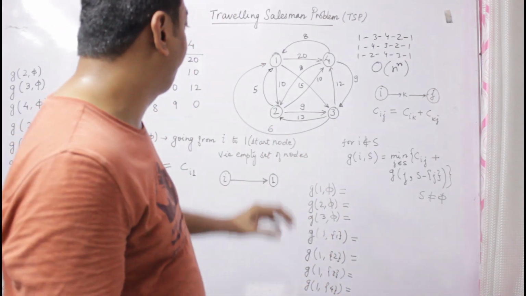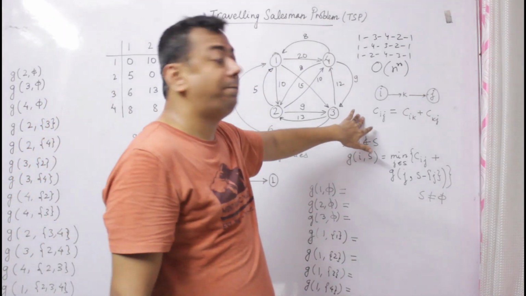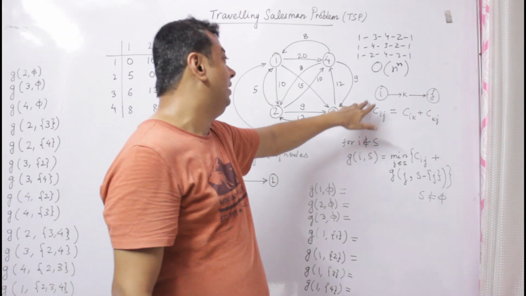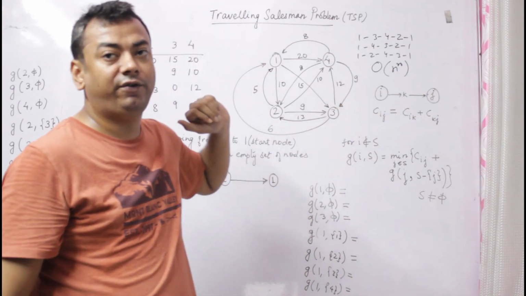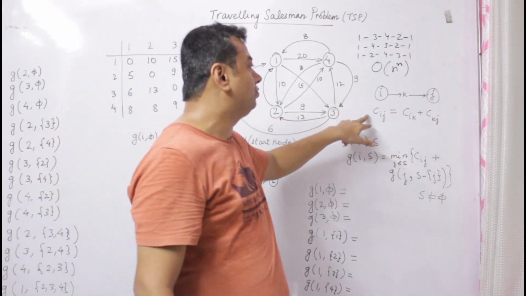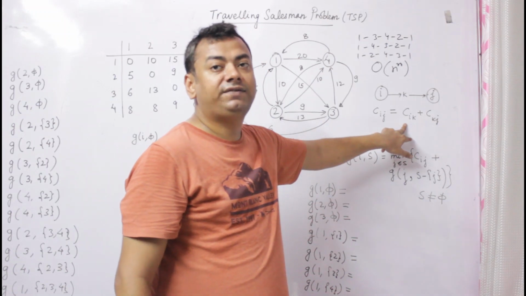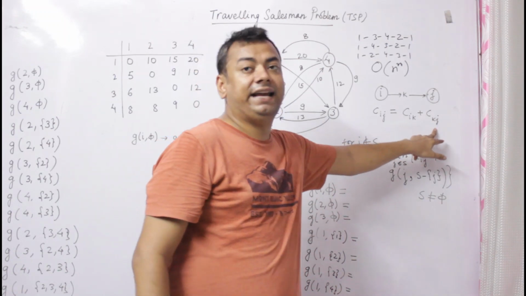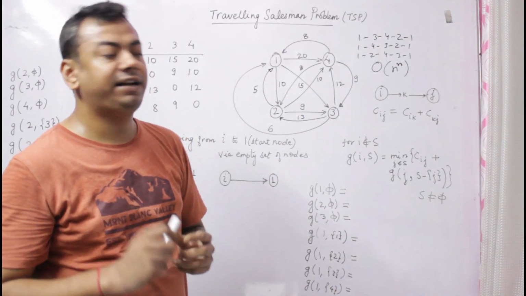Let us see. First, it has the subproblem feature. How? Suppose you have to go from city I to city J. The cost of going from I to J will be the cost of I to K plus K to J, if K is the intermediate city.